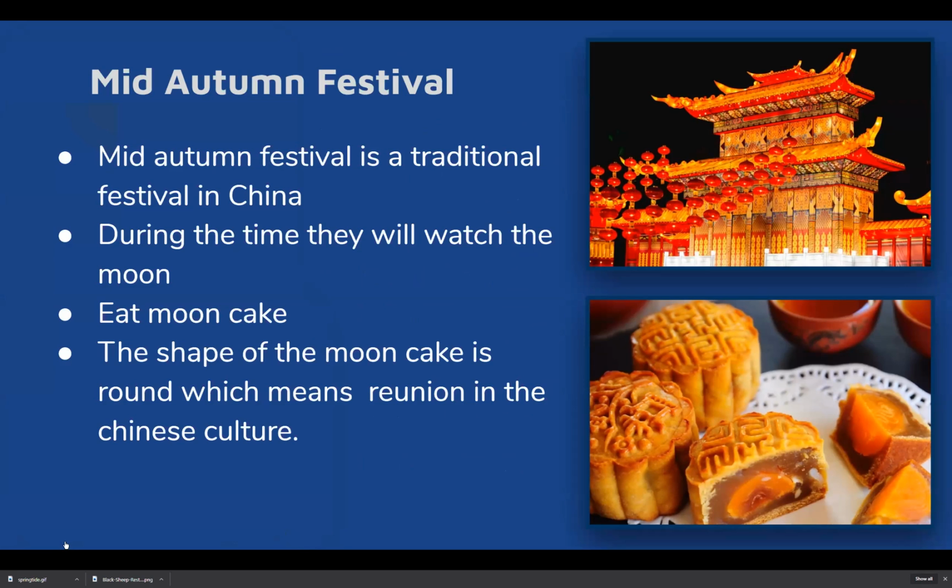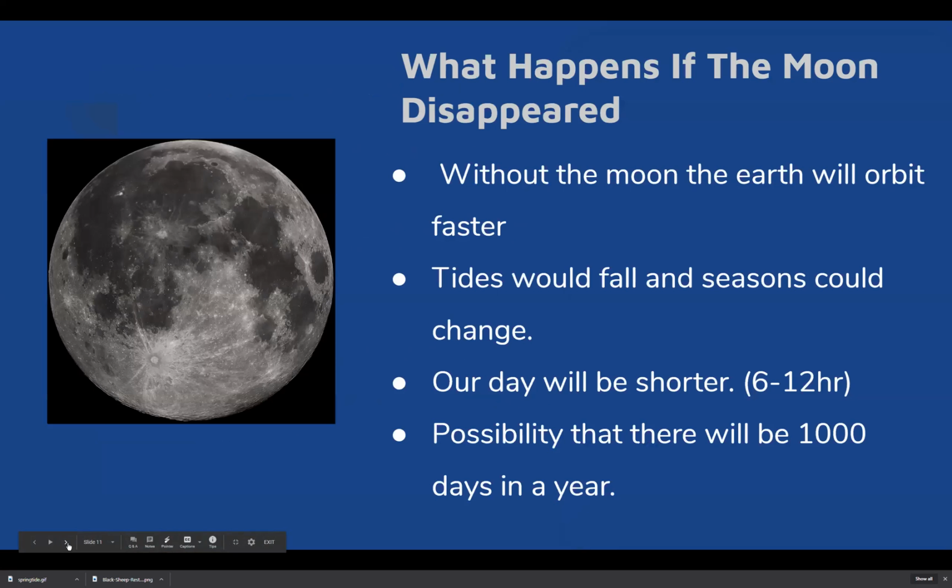It also means families all gather up during that time. During the Mid-Autumn Festival, people for sure eat mooncakes. Did you have some mooncakes, Joseph? Yep, I did.